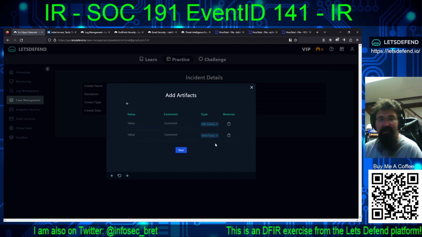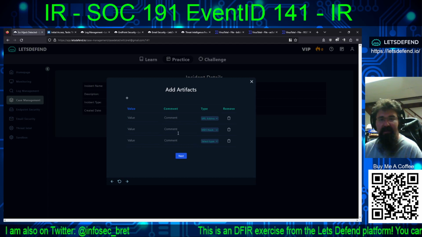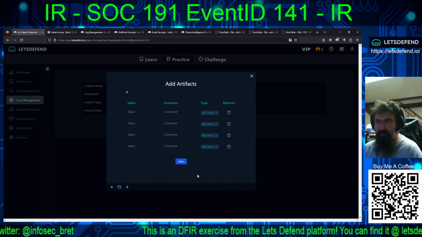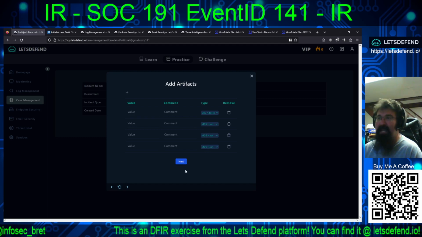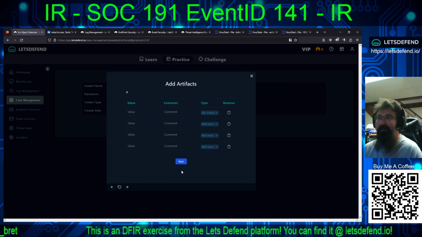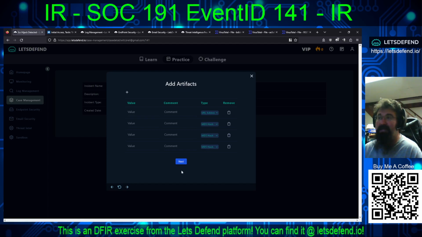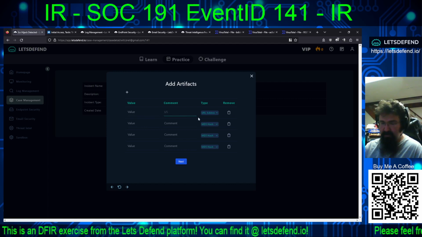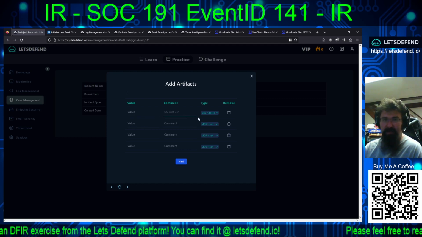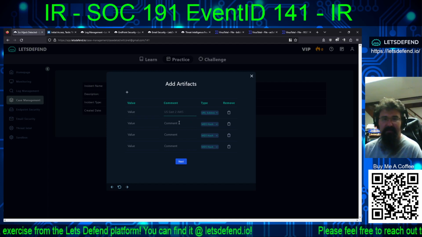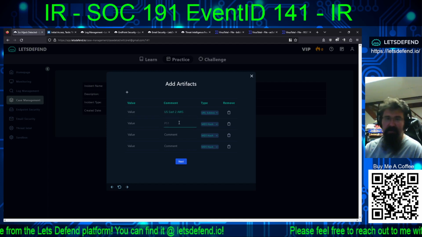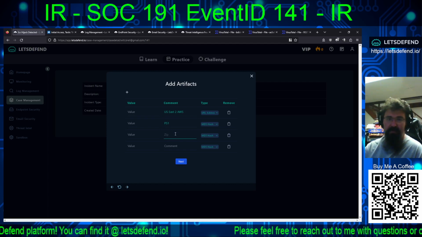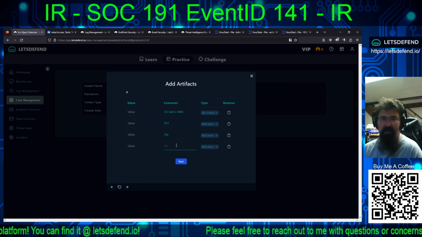We are going to have the MD5 of the PowerShell script, the password-protected zip file, and the SCR file. So US East 2 AWS, PS1, zip, and SCR.